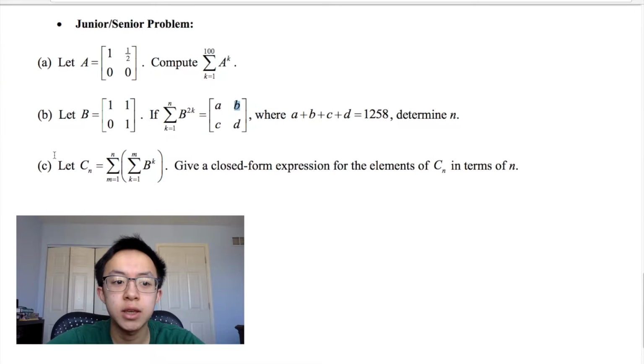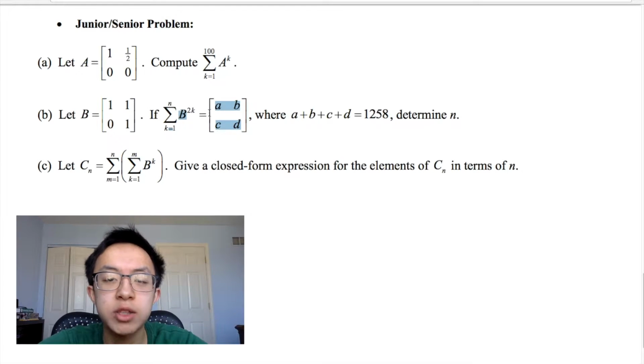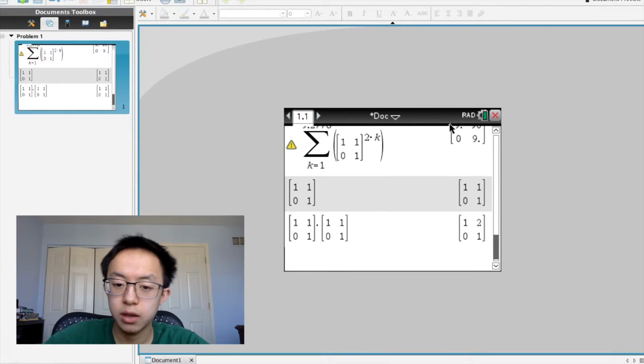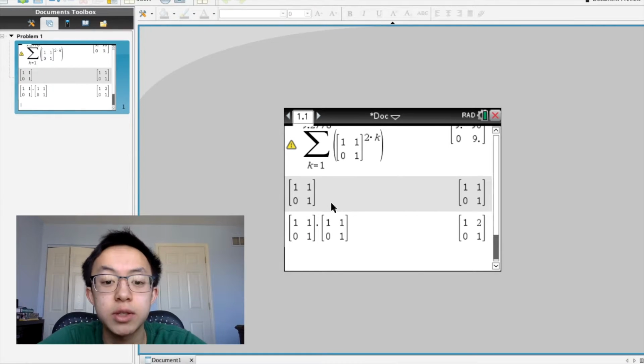For part B, we want to find the sum of the matrix 1, 1, 0, 1 raised to even powers, where the sum of these parts of the matrix equals 1258, and we want to determine the number of terms in this sequence. If we square this, we find that the first term in our sequence is going to be 1, 2, 0, 1.